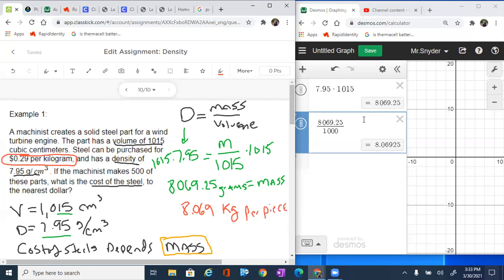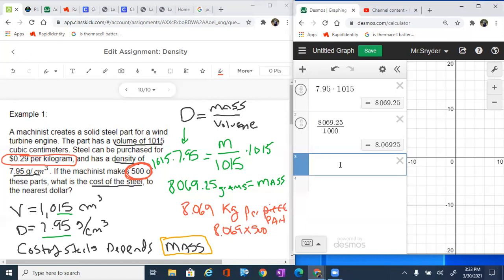Or per part, let's go ahead and put that so we keep it this. Well, how many parts are there? We are going to make 500 of them. So what is the total amount of kilograms we're going to have? Well, we know that if each one of them is 8.069, we're going to multiply that by 500, and that will give us our total weight.